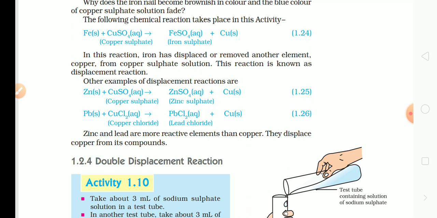Okay. Now, the second one, double displacement reaction. It's quite simple if you understand the concept of displacement. Double displacement would be really simple. Imagine the same situation in which there are two benches.